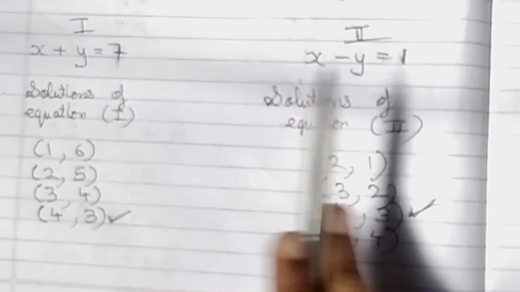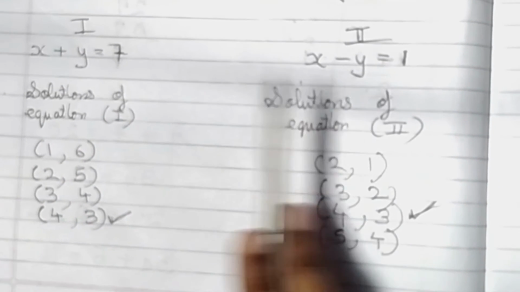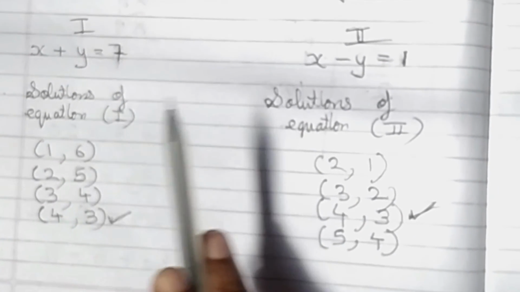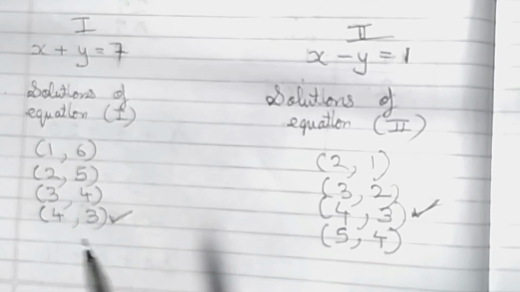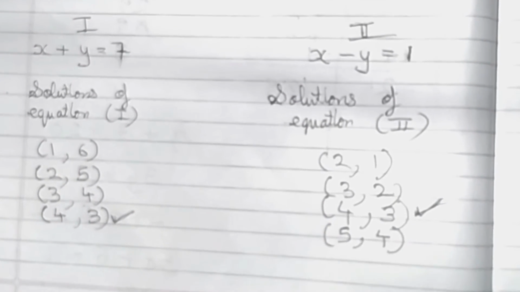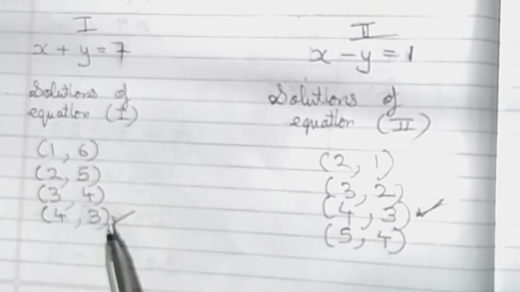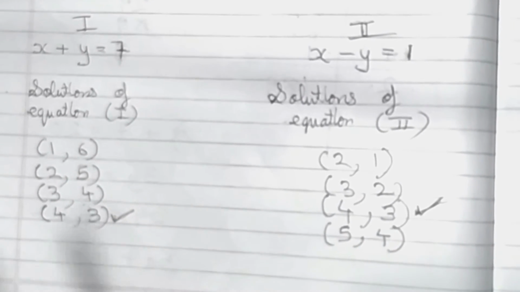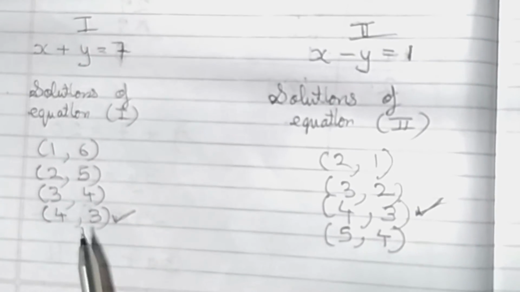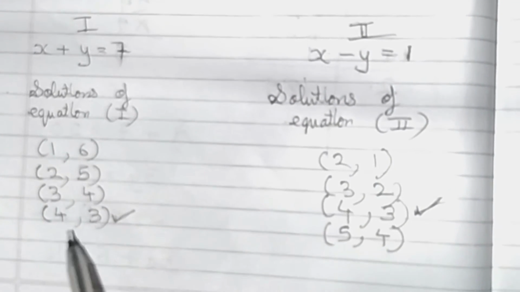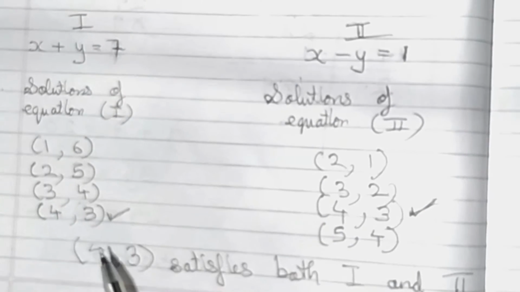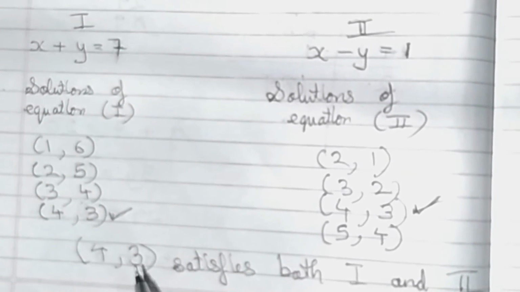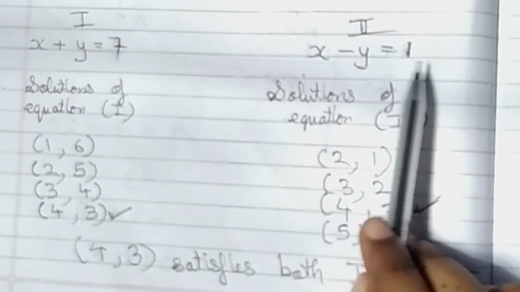So when we consider two equations in two variables and we solve them together, we will get a unique common solution. No other solution will be common, only one solution will be common. Here the solution x equal to 4 and y equal to 3 is satisfying both the equations.